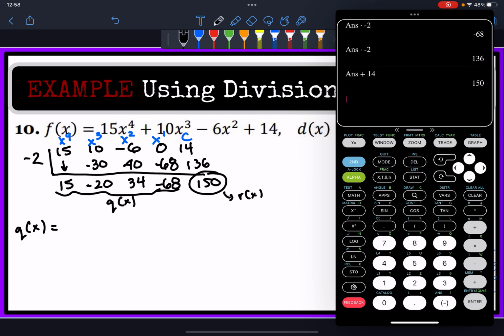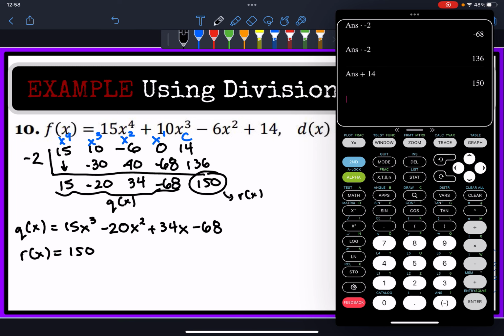So q of x is 15x to the third power minus 20x to the second power plus 34x to the first, and then the constant of negative 68. And my remainder is 150.